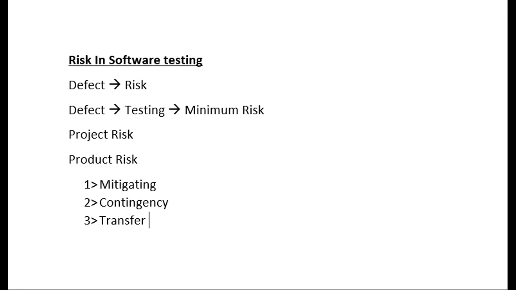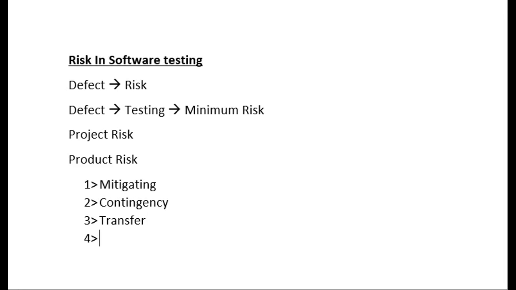They can say that there is already a defect, and we can reduce the impact in our next version or in the next delivery. So we are transferring the risk, intimating our stakeholders and other members as well.